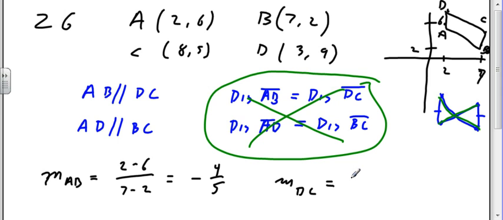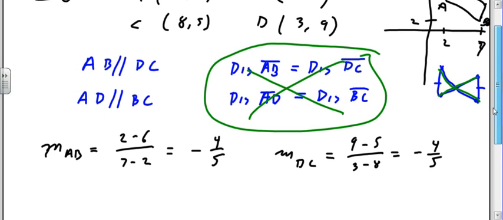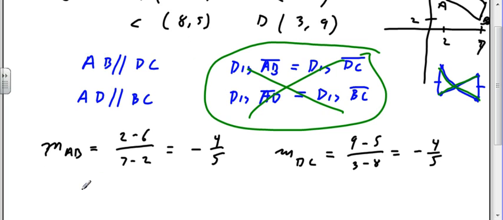Okay, so change in y, 9 minus 5, divided by change in x, 3 minus 8, and that looks like a minus 4/5. So the longer sides appear to be parallel to each other because the slopes are the same.